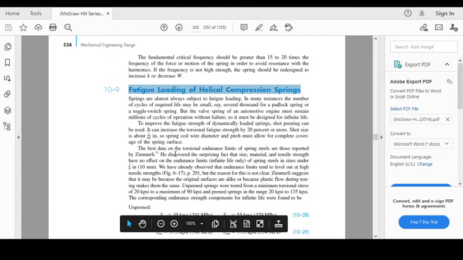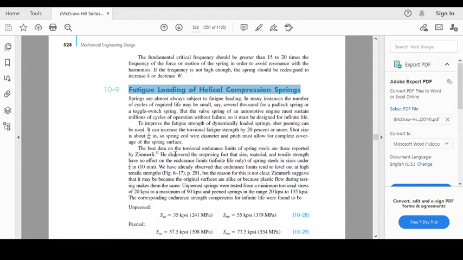In many instances, the number of cycles required may be small, say several thousand for a padlock spring or toggle switch, but the valve spring of an automotive engine must sustain millions of cycles of operation without failure, so it must be designed for infinite life. That's why the spring design is very critical, because when we are talking about springs, you see the spring in your car.